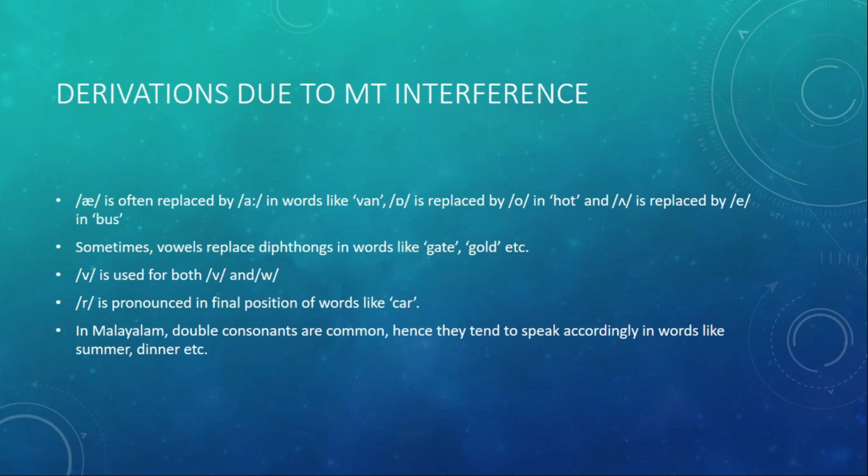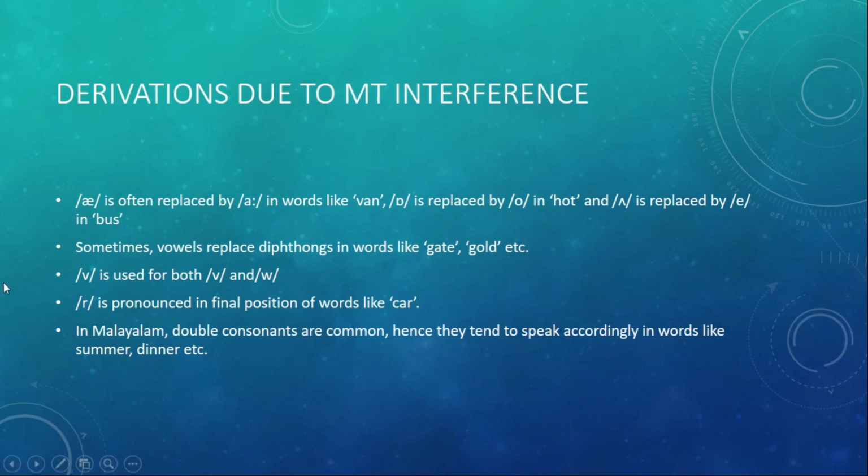And instead of saying a, we replace it with a. Like instead of bus, we can say bus. And again, sometimes we tend to replace certain diphthongs with vowels. For example, in words like gate, instead of saying gate, we have a tendency to say gate. Instead of saying gold, we tend to say gold.